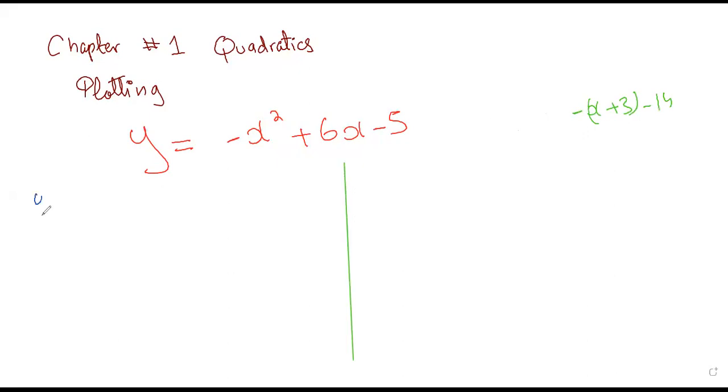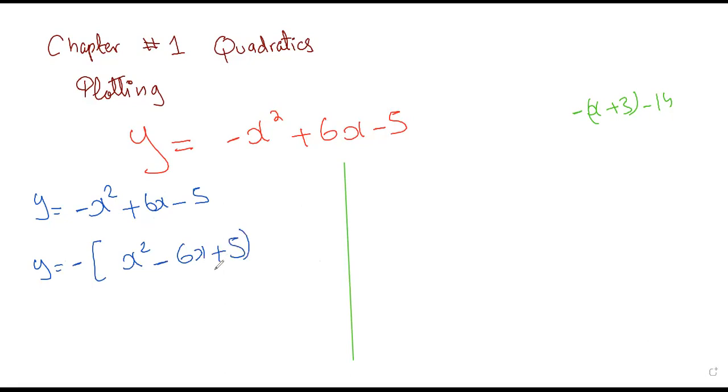Okay, this is y equals -x square plus 6x minus 5. The very first step is to take this minus common. We will have x square minus 6x plus 5. Now what we need to do is think about this number.